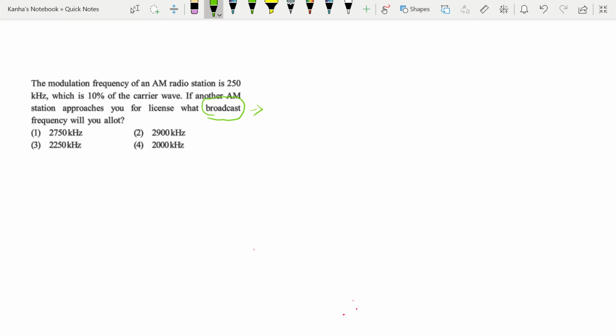First of all, we can easily write the frequency of the carrier wave, which is given to be 10% of the modulation frequency. So Fc is equal to 250 divided by 0.1 is equal to 2500 kilohertz.